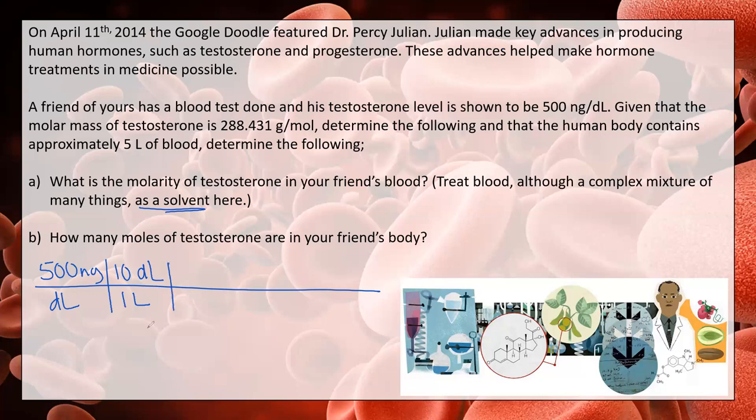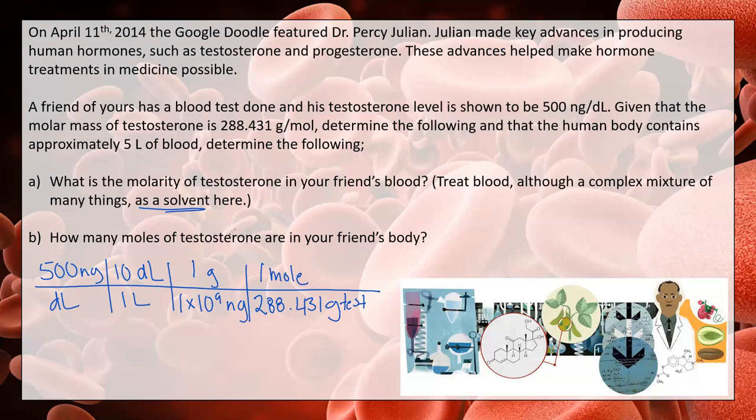And then instead of going from nanograms to micrograms to milligrams, I'm going to just skip that and go from nanograms to grams. So I know that there are 1 billion nanograms per 1 gram. And I know that there are 288.413 grams of testosterone per 1 mole of testosterone.